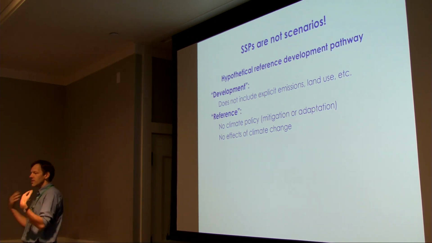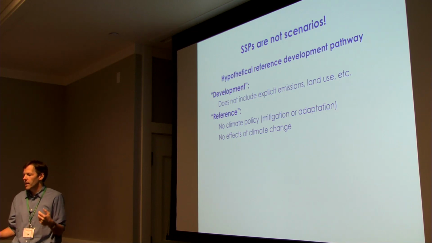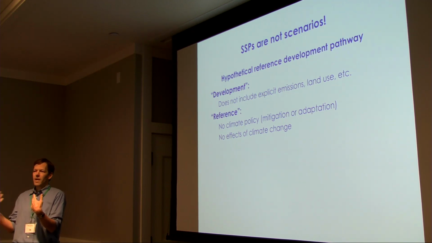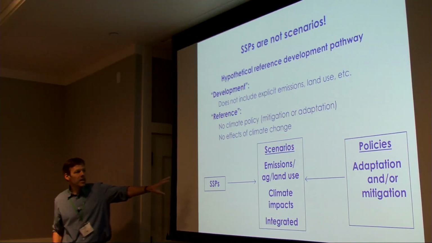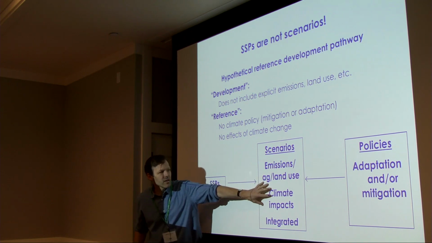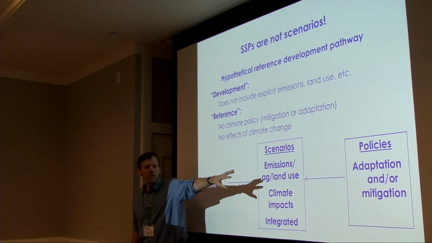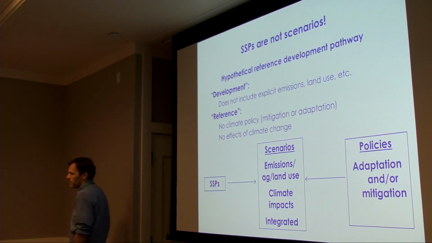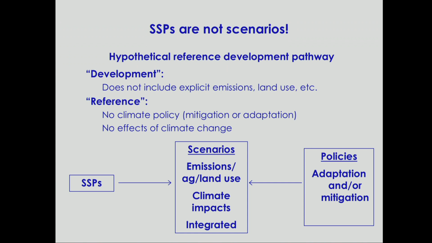So the SSPs are a step along the way. And so semantically, that's the distinction that we try to make between a pathway and a scenario, right? So you have SSPs, which are one input to scenarios of different kinds. The scenarios may also have policies in them or not. Those scenarios may or may not have climate impacts. They can be of different kinds.